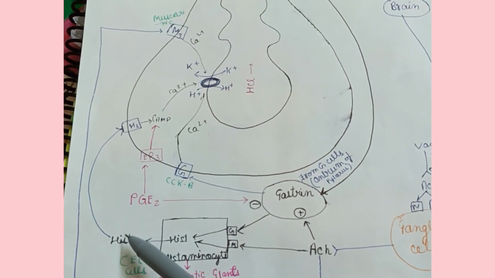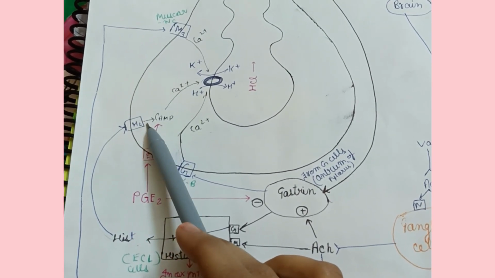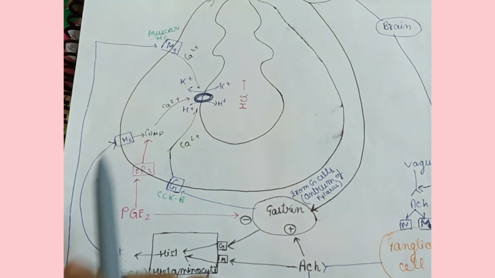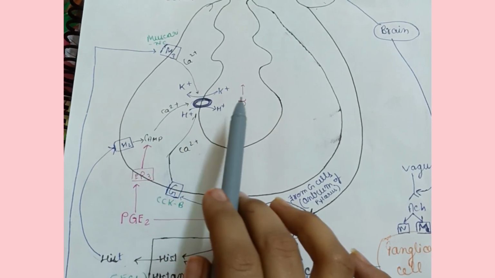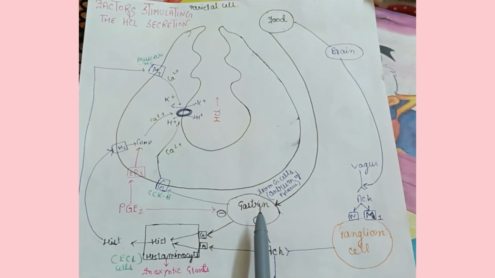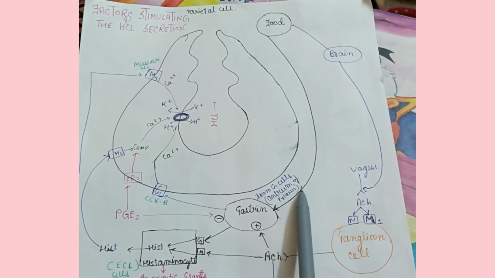This histamine in turn acts through its receptor, which is H2, present on the parietal cell. By this, it generates cAMP, which increases the production of HCl through parietal cells. Gastrin is secreted from the G cells, which are present in the antrum of the pylorus.